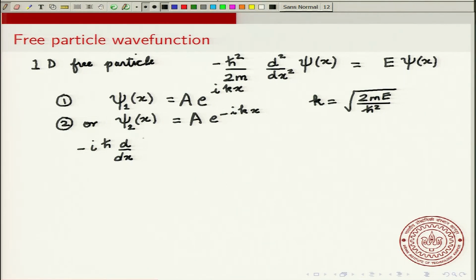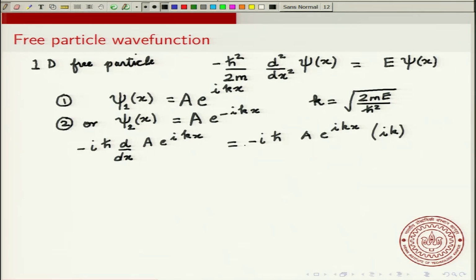If I operate this on the wave function a e to the i k x, taking the derivative I will get a e to the i k x multiplied by i k.